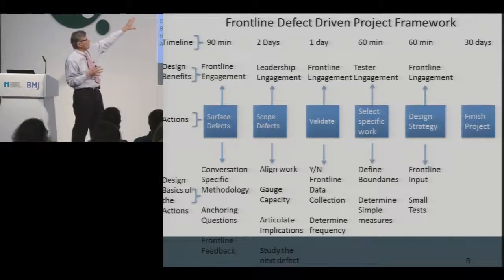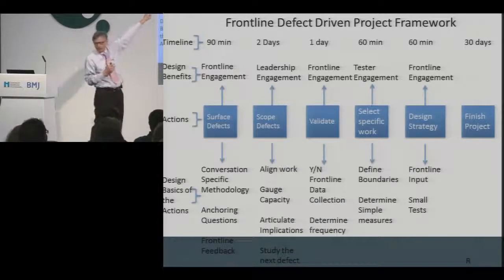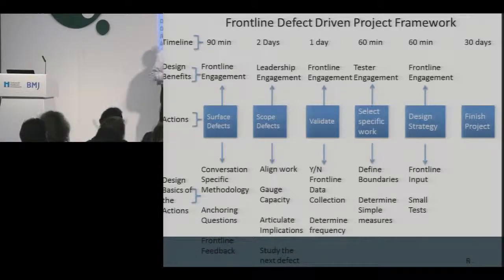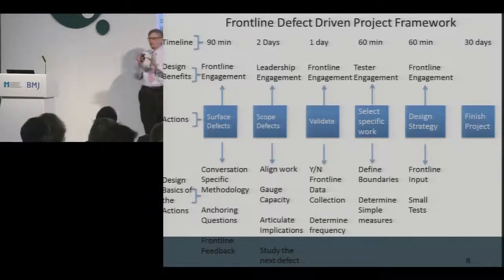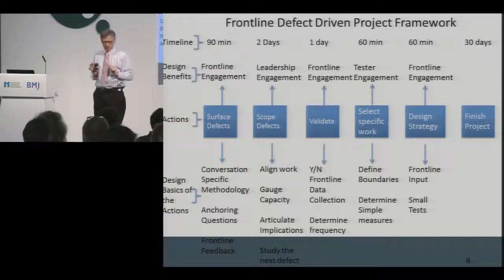So that's the scoping that occurs, but what happens there importantly is that leadership gets engaged in this work. They align the work with strategic issues within their department or area. You gauge the capacity of that unit to do this work, and you articulate any implications that might affect other parts of the hospital.